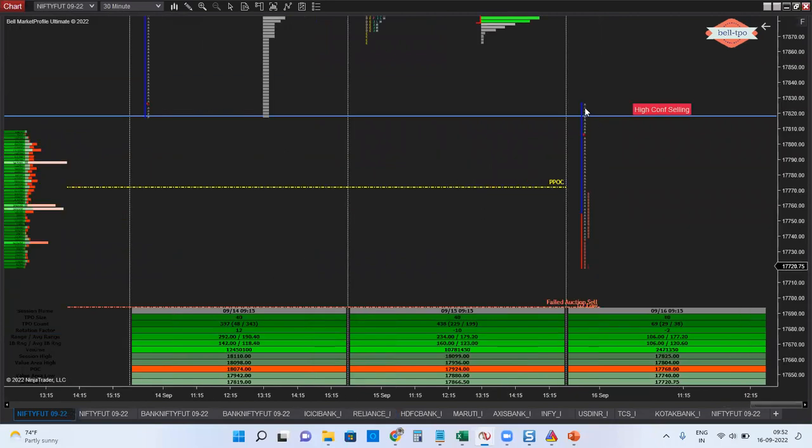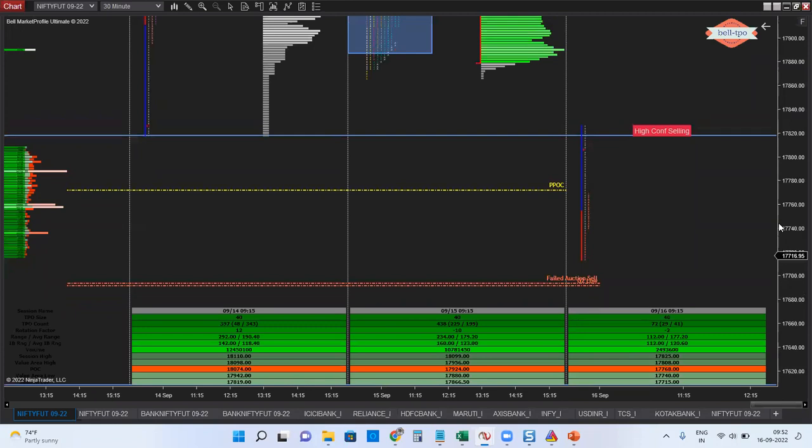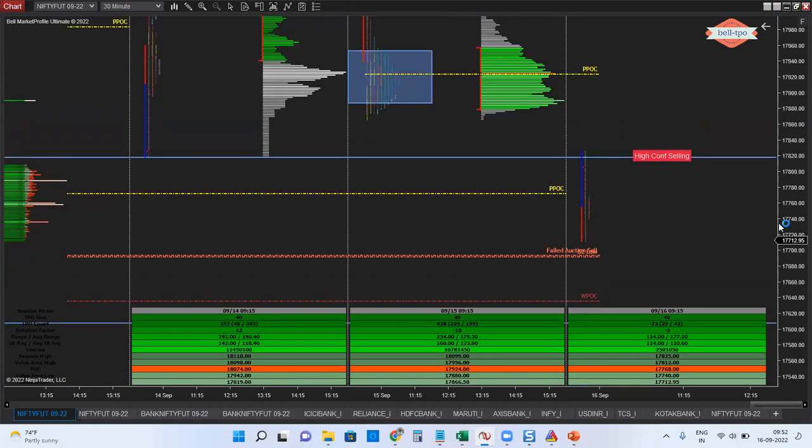So Nifty, it's not a big gap down, but a reasonable, medium gap down. We can say 100 plus points is a medium gap down. Something like 200 points, 300 points, that is an extraordinary gap down.